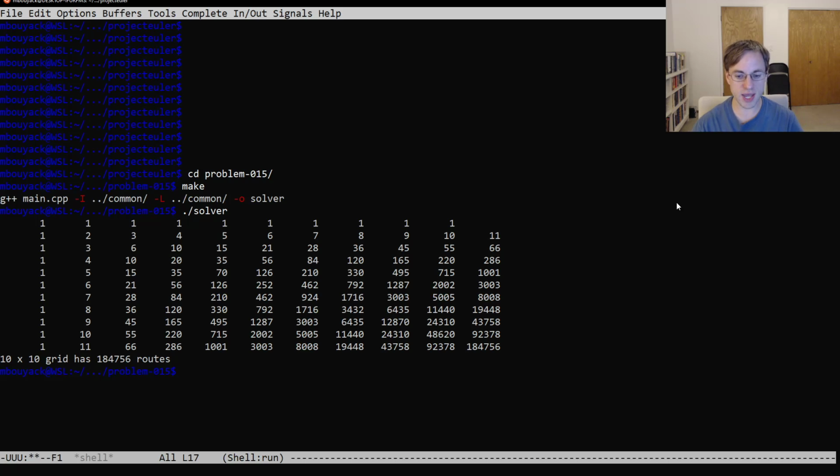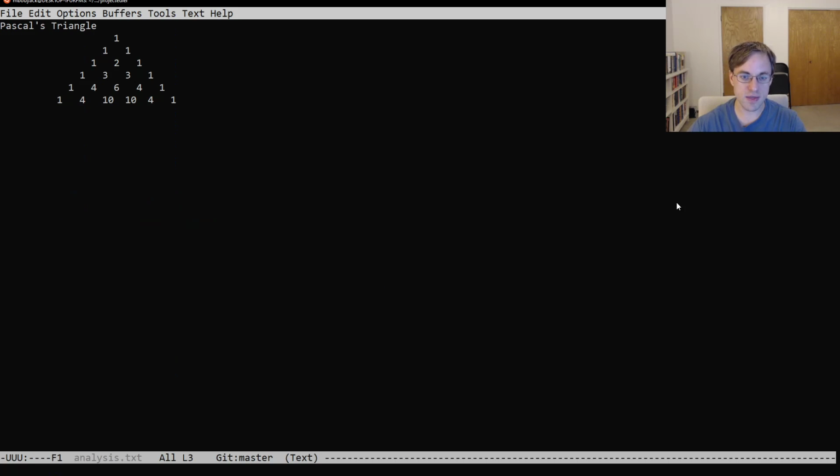Great. So now we've connected our problem with a standard mathematical concept, which means that all the tools that might be available to understand Pascal's triangle, now we can apply to our problem.